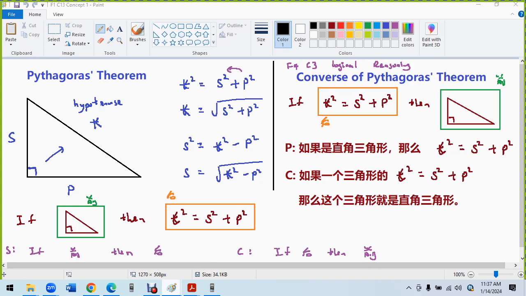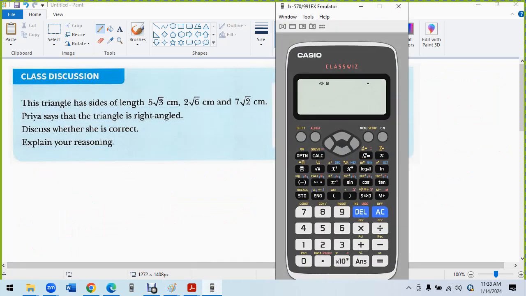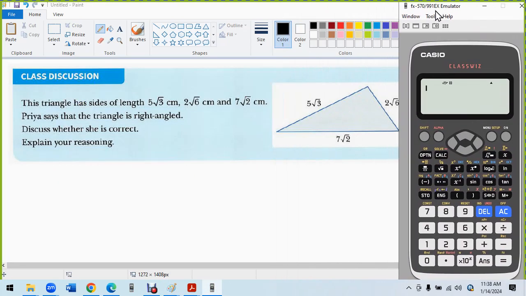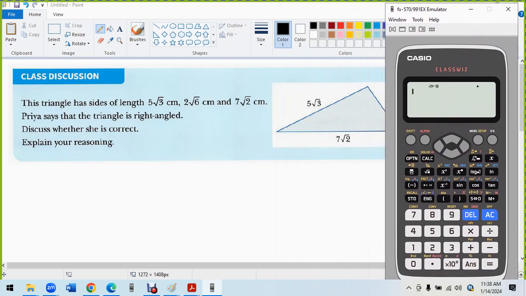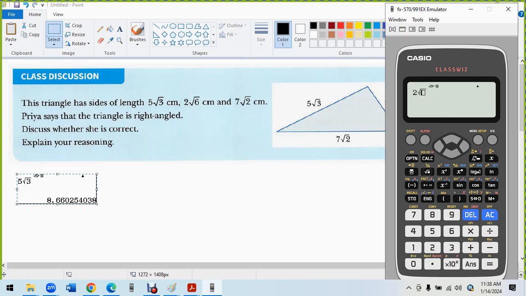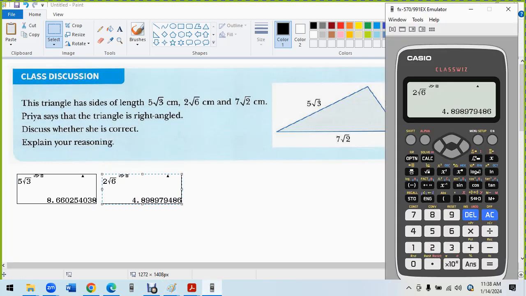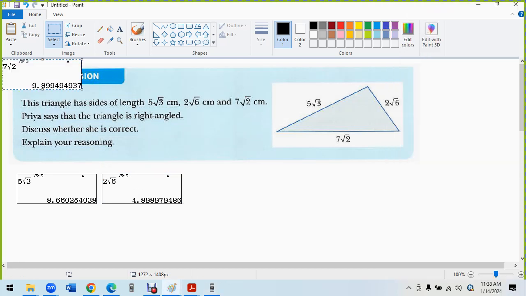Okay, so over here, 5 square root 3, and then we have this one. It look like the 7 square root 2 is the longest now. So we have the 5 square root 3 is 8.66, and then we have the 2 square root 6, it is 4.89, and then we have the 7 square root 2 is 9.89.